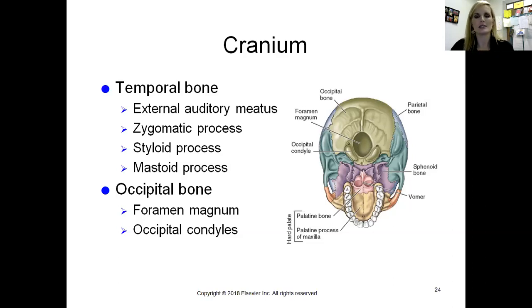That foramen magnum is the opening for the spinal cord. So I do want you guys to be familiar with that. It does point out the occipital condyles, but you guys don't have to worry about those. I do want you guys to know what a condyle is, but you don't have to worry about specifically pointing out the occipital condyles. Definitely, though, be familiar with the foramen magnum.